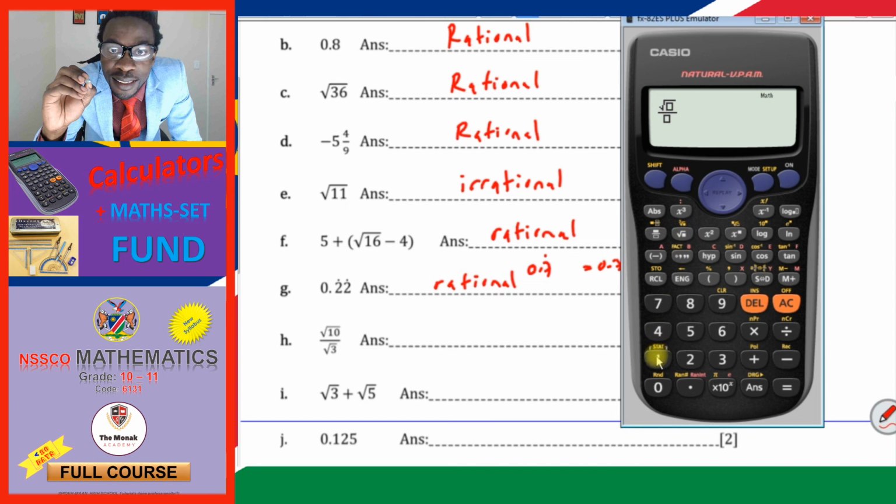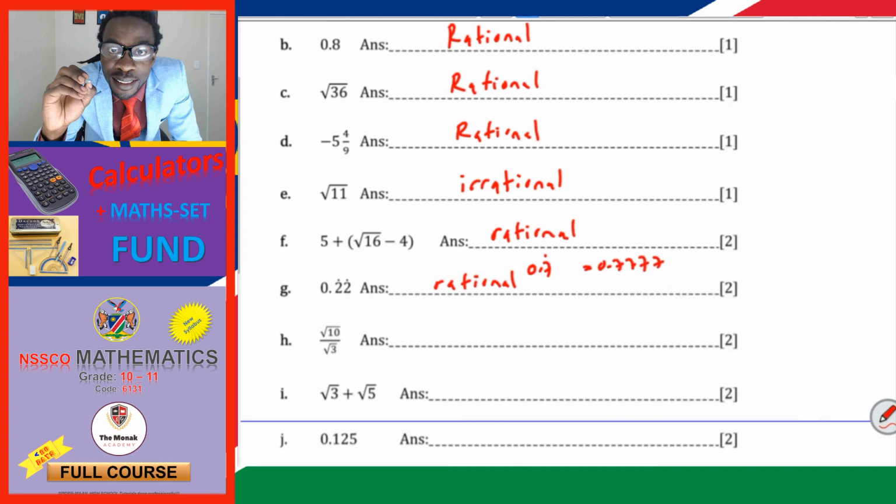Root 10 divided by root 3 is 1.825741858911. It goes on and on without a pattern. That is an irrational number. There is no pattern there. It just goes on and on. So that's typical of an irrational number.